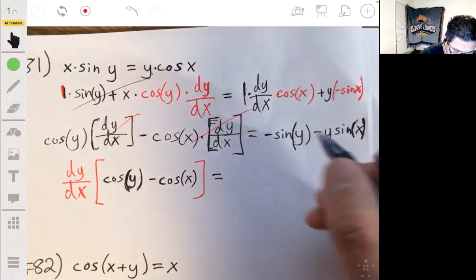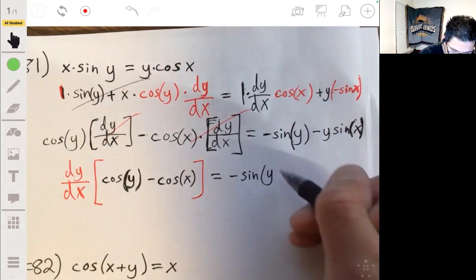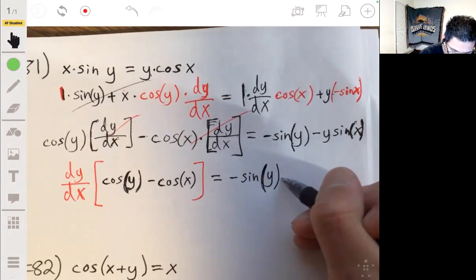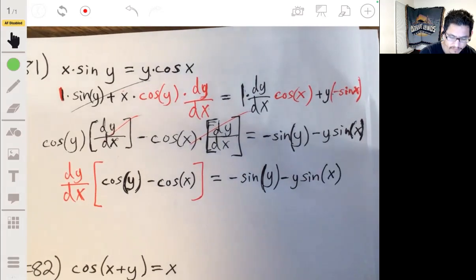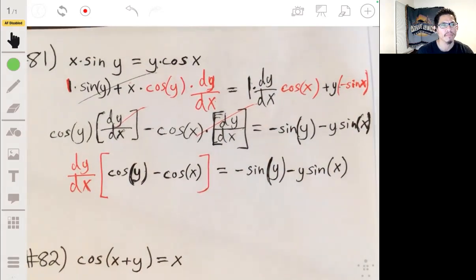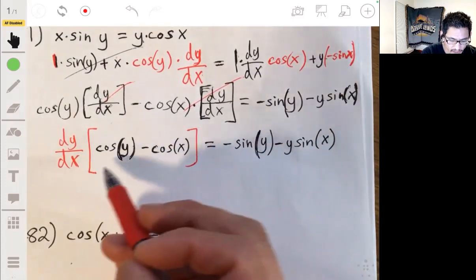all equal to the negative sine of y minus y times sine of x. And then we just need to divide both sides by this.